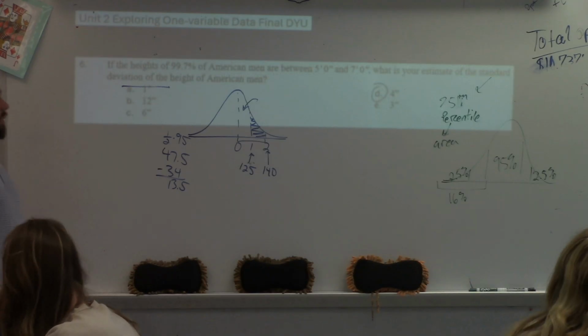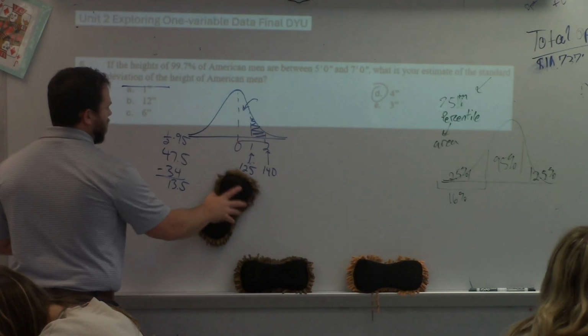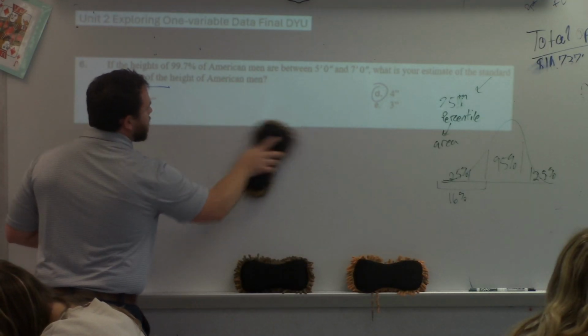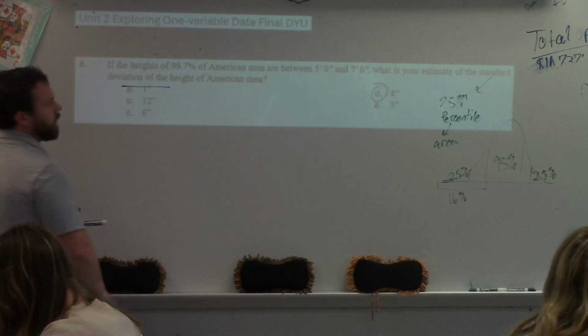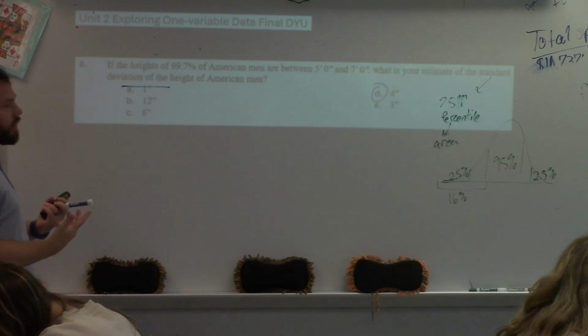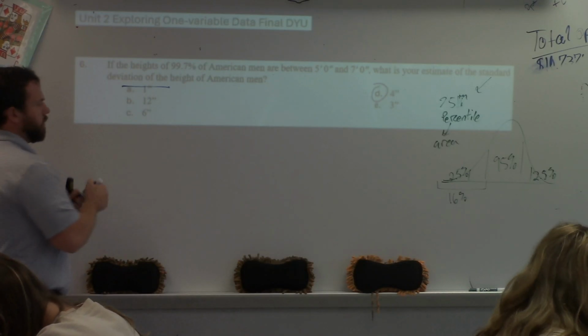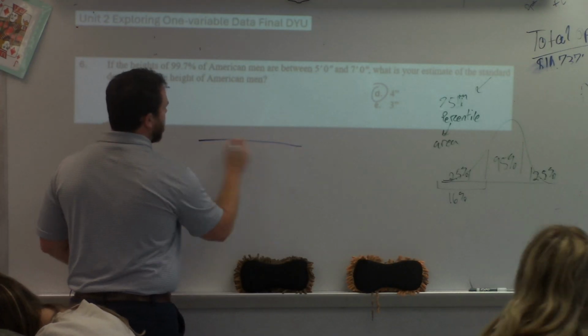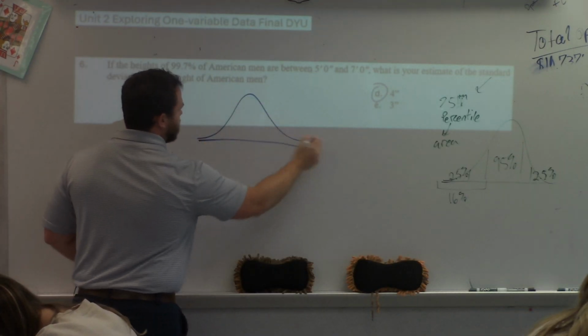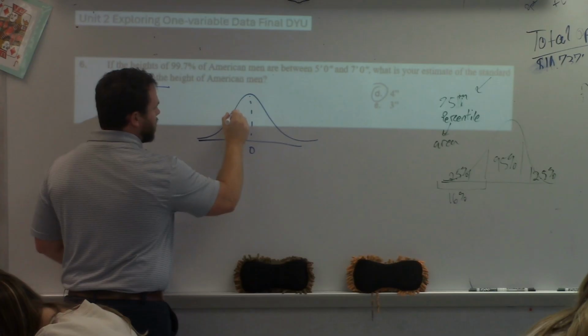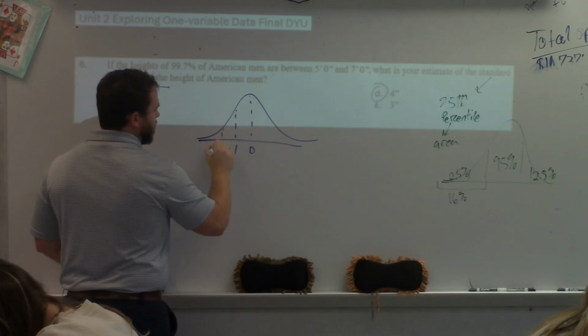So this is very similar to that one question we looked at on the progress check. Lots of different ways to approach it. Okay? But if we're seeing 99.7, what number of standard deviations should we be thinking about? So 3, but 3 in either direction, right? So how many total standard deviations is that? 6.